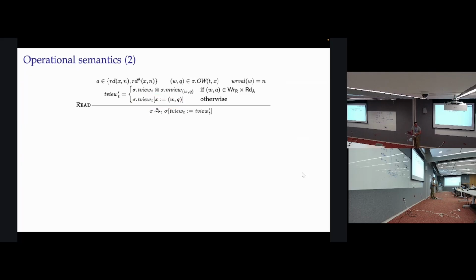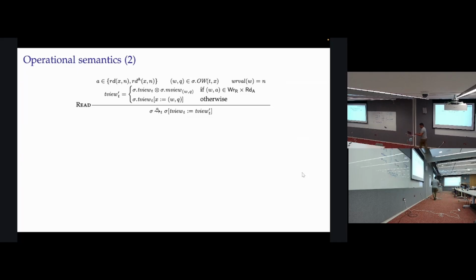Any other questions? So an acquiring read can also read from a normal write. Yes, and there's simply no synchronization. Exactly, allowed. So you could read from a normal write, and then no synchronization happens.